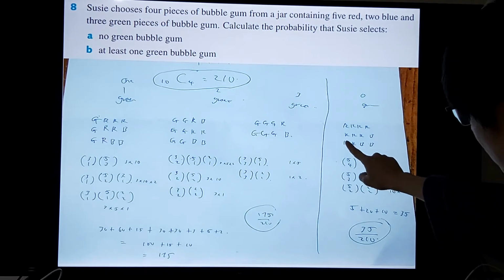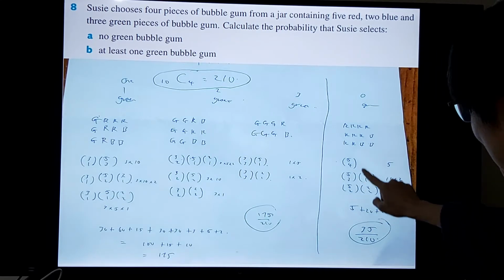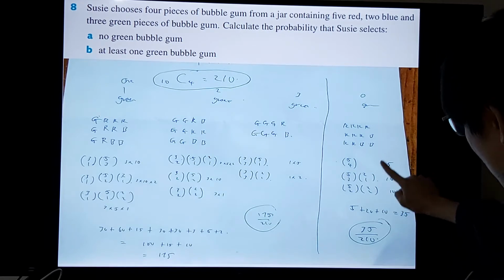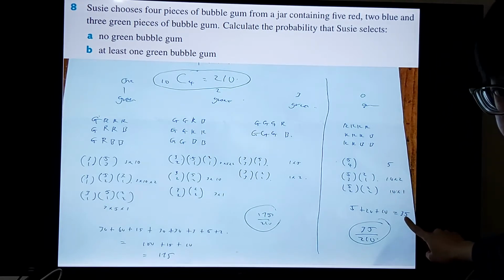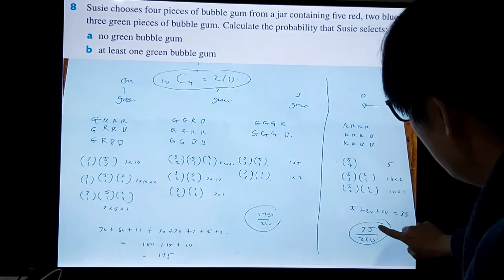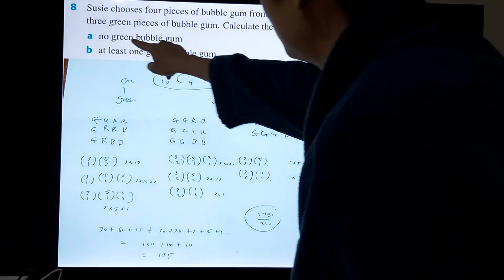And this one will be 5C2, 5 red you choose 2 red, times 2 blue you choose 2 blue, which is 10 times 1. So altogether is 35. And this will be the numerator. The total sample size will be 210. So 35 over 210 will be your answer, which is, I think, 1/6. So that is the probability of totally no green.